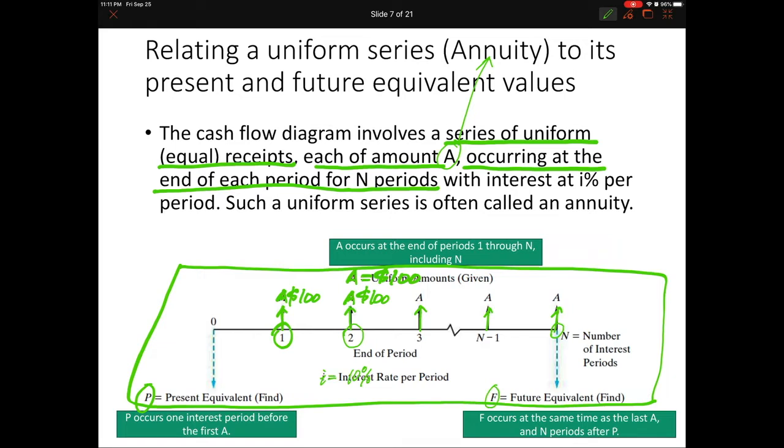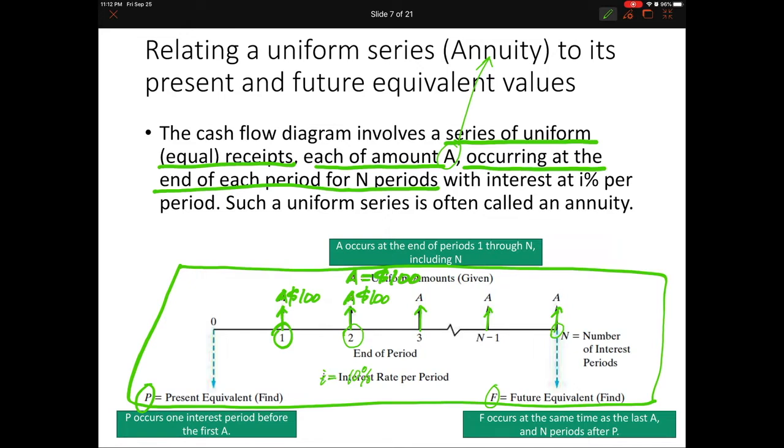I would say you convert the annuity back to the present time, or you convert the annuity toward the future time. Either way, it is to find the present equivalent and the future equivalent of the given annuity.